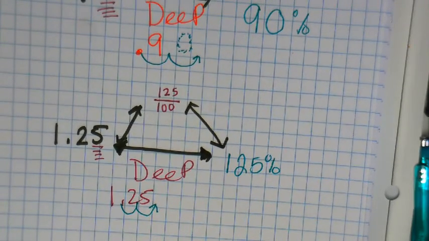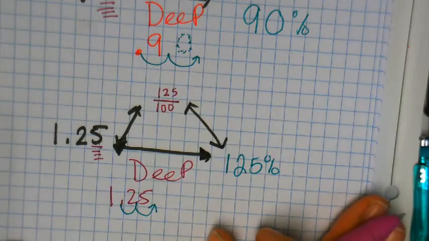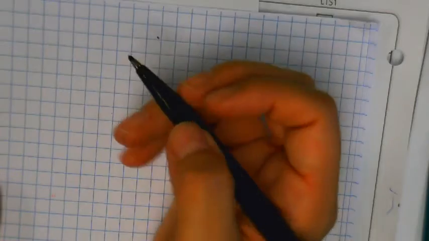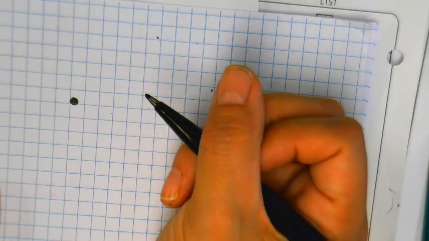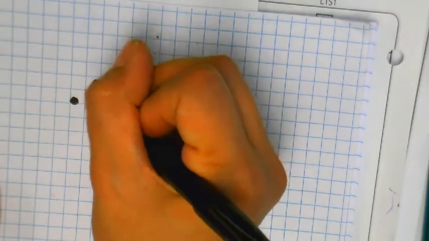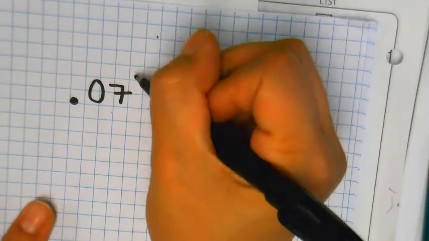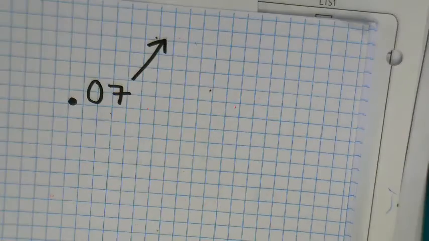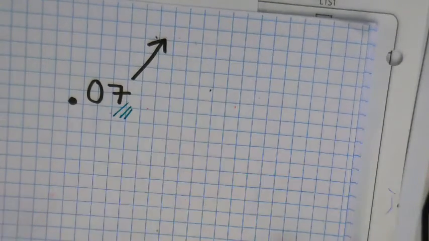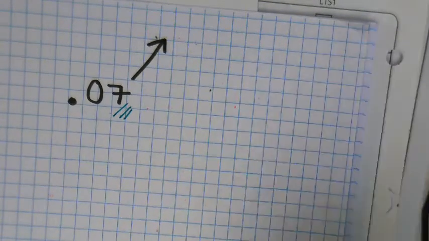Okay. Let's just, what if I give you a decimal of 0.07? What would be my fraction of 0.07? Where is the place value on the 7? Hundredths.